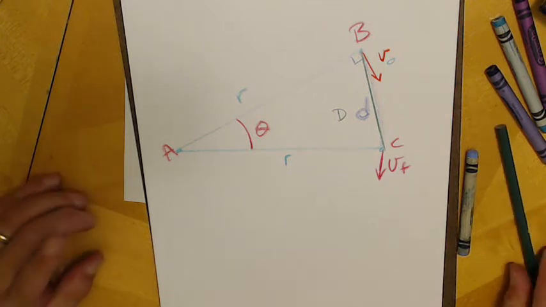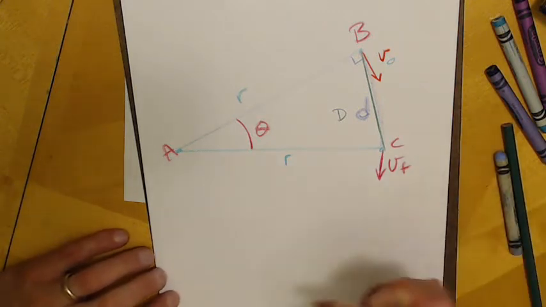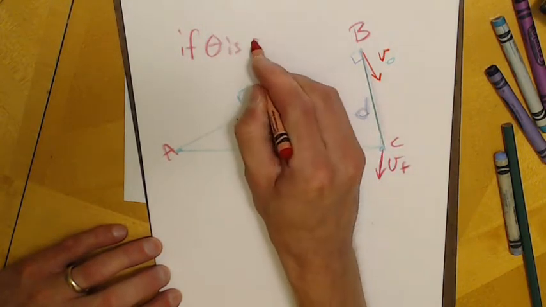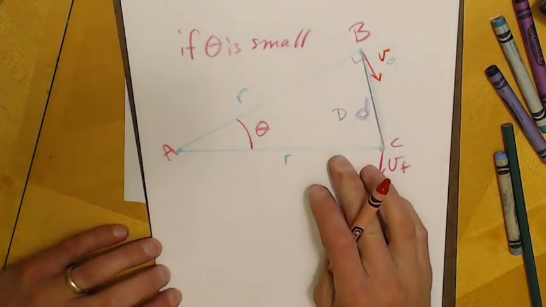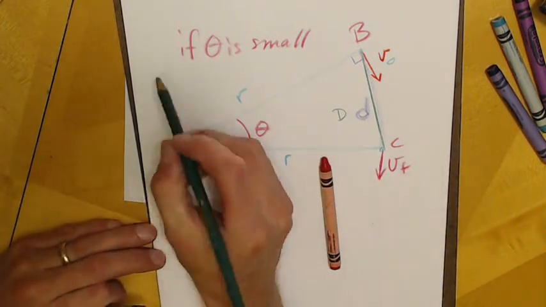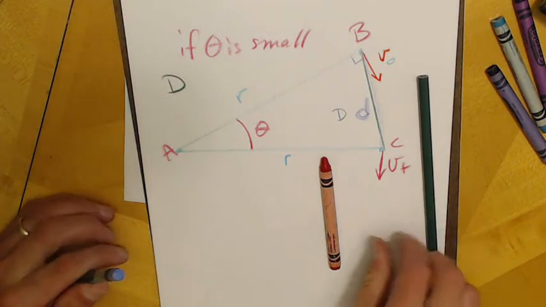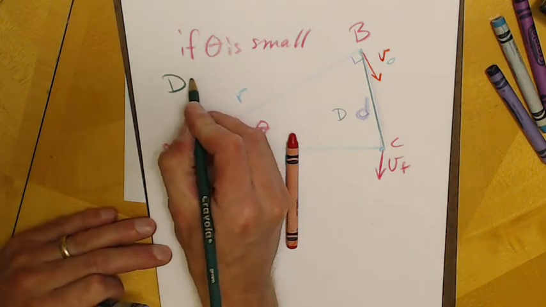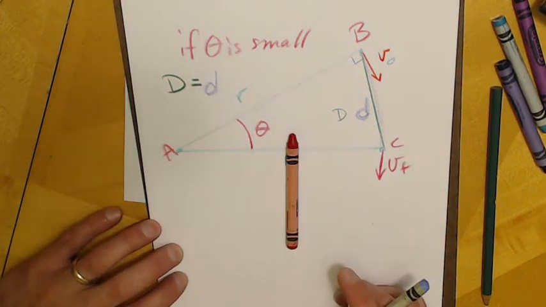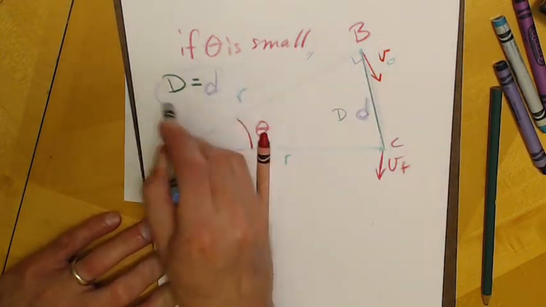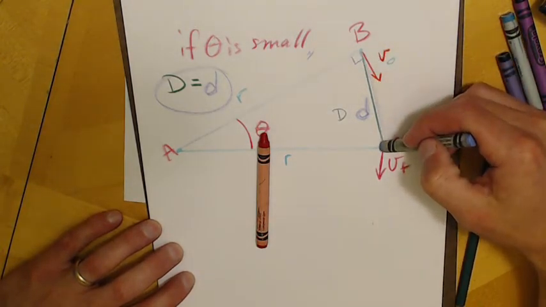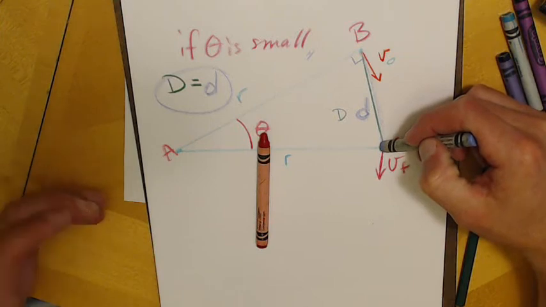So here we go. Ready? If theta is small, like way small, how small? Small enough such that little d is pretty much the same as big D. If theta is small, then that arc length and that chord are roughly the same.